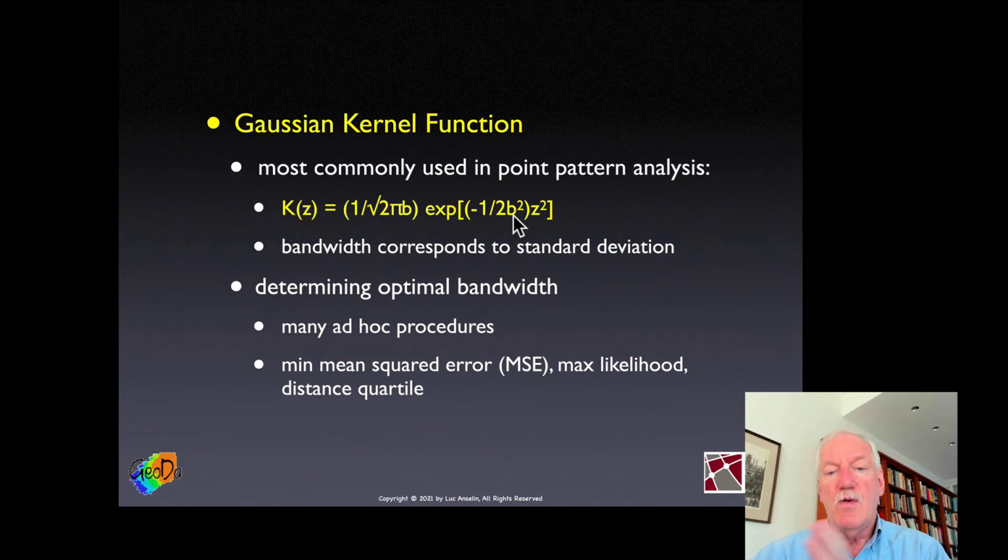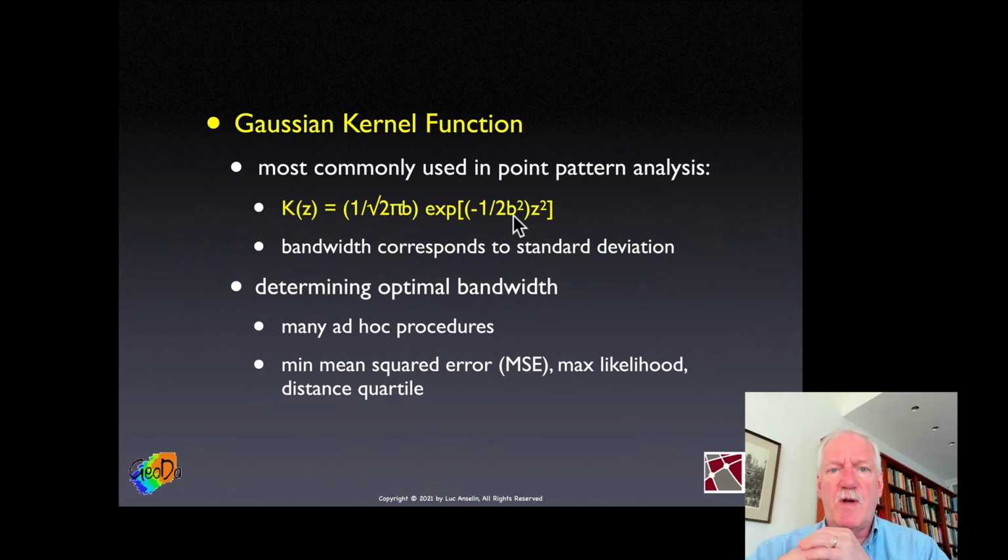And so the bottom line question is, what should the bandwidth be? And this is actually a topic of a lot of discussion. There is a literature on determining optimal bandwidths. It depends on the assumptions you're willing to make. You can try a bunch of different values and pick the one with the smallest mean square error.